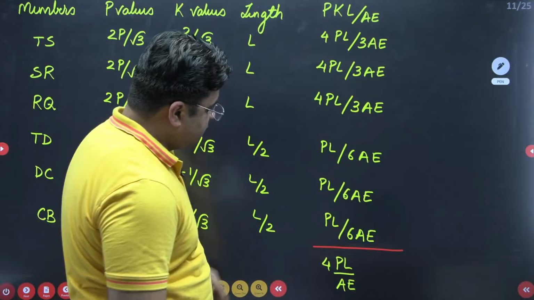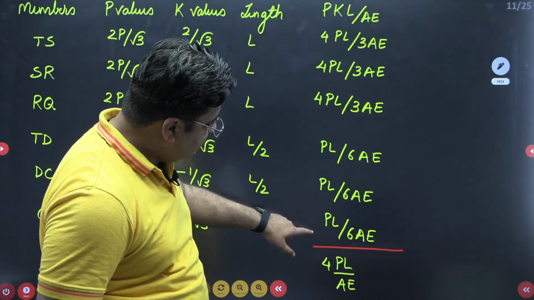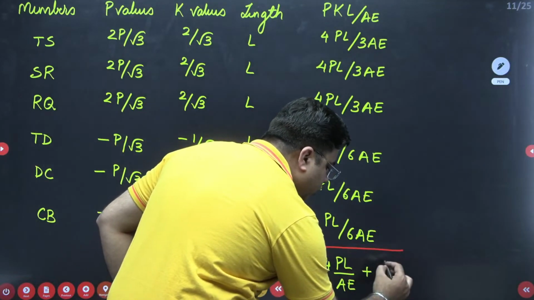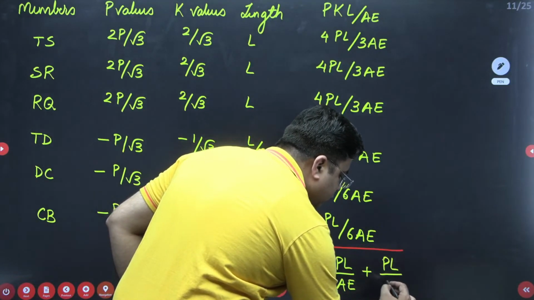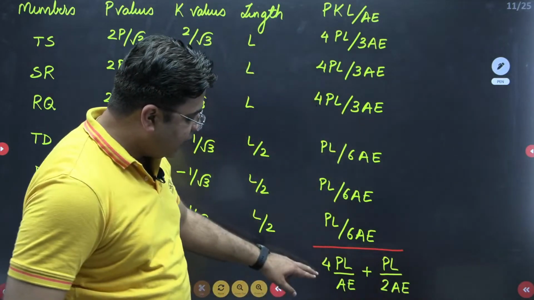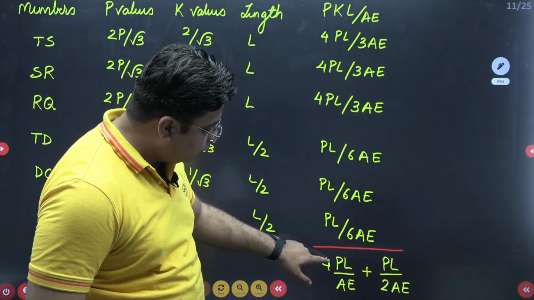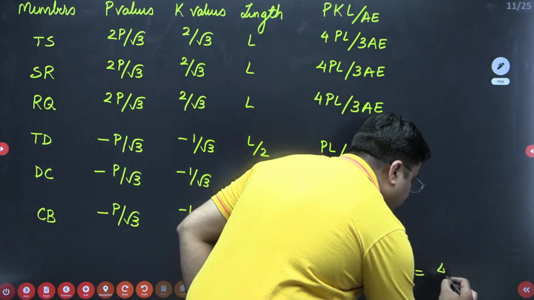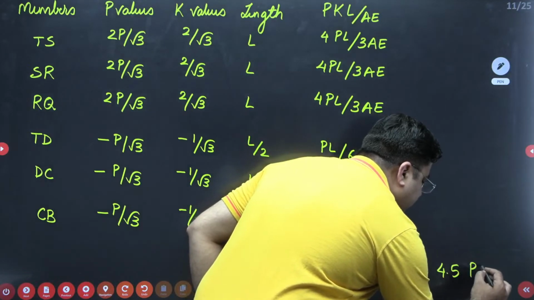And this is 3 PL by 6 AE, which can be written as PL by 2 AE. So when you add these two terms, it will be 4.5 PL by AE.